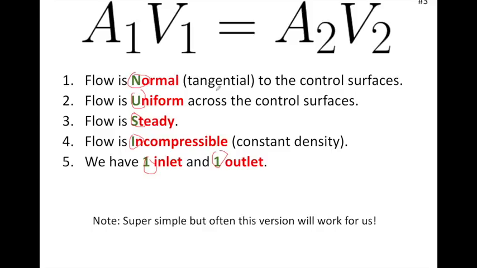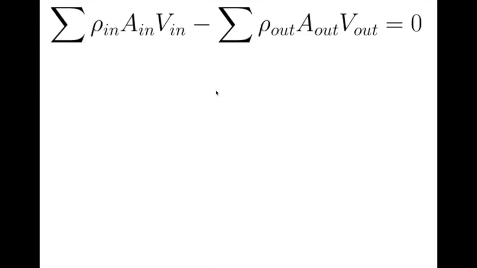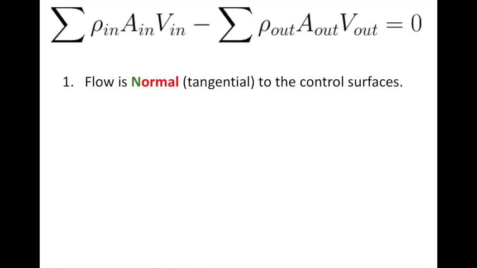Okay. All right. So let's look at another one. This was the first problem on your worksheet. And let's see. What do you think? Let's work through each of them. So first of all, do we think that the flow was assumed to be normal to the control surfaces? I don't see a dot product, right? There's no normal vector in here.